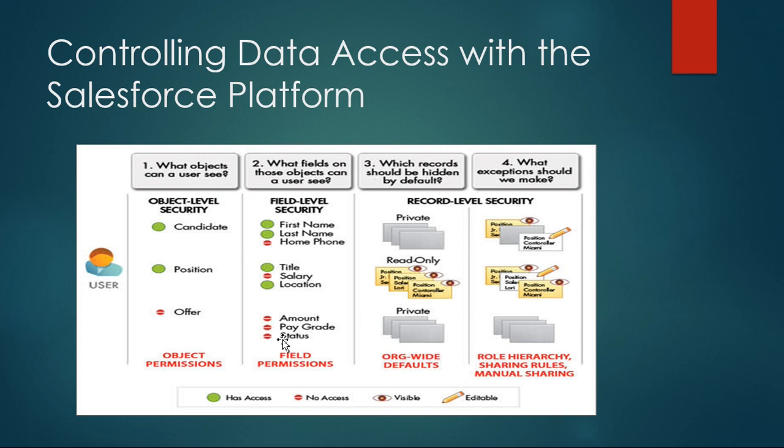At the field level we also use permissions, permission sets, and profiles. For record level access, we use sharing rules and OWD as well. In this way we can segregate data level access in Salesforce.